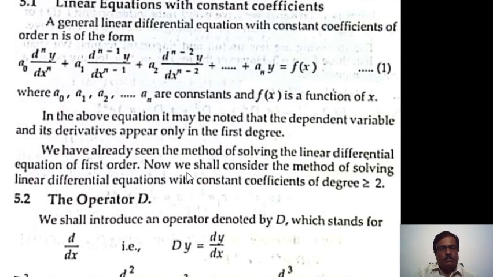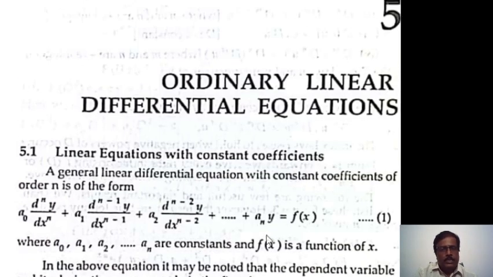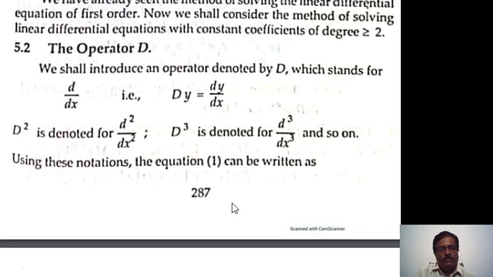This operator is to be operated on y, so the equation becomes, taking y common, a0 D^n plus a1 D^(n-1) plus a2 D^(n-2) and so on, acting on y, equal to f of x.